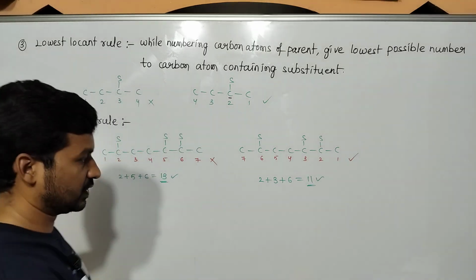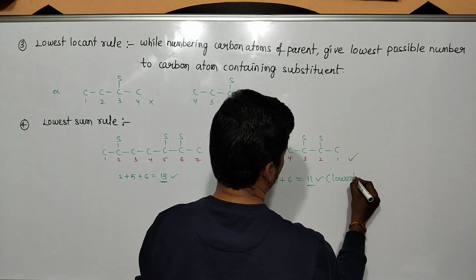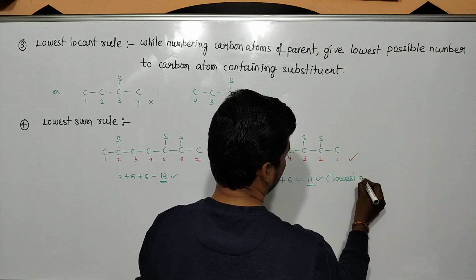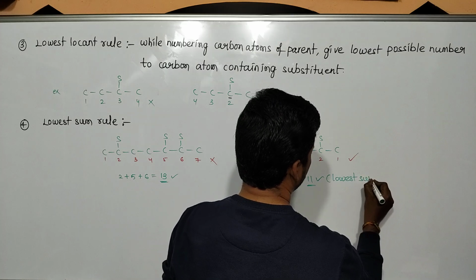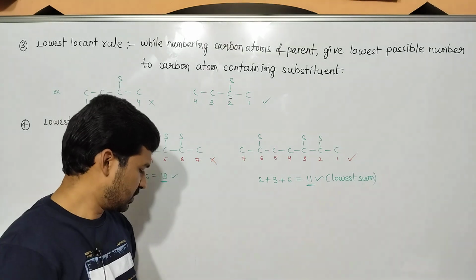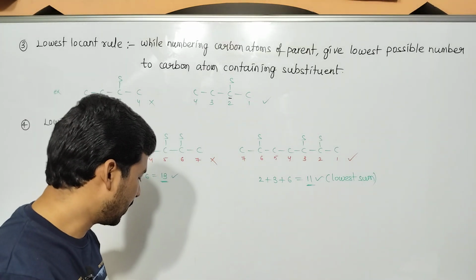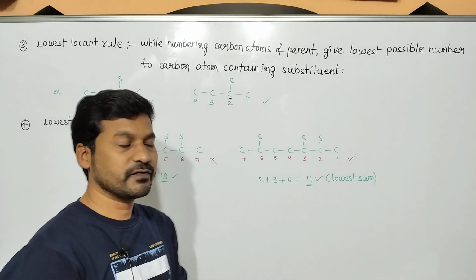Lowest sum. This is what? Lowest sum. Locant positions sum becomes lowest. That is the lowest sum rule. Of course, this rule is in the part of what? First point of difference rule.